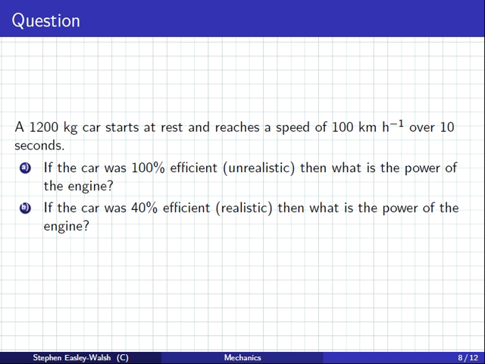And in this case, what would be the formula for work? No, that's force. A half mv squared. Do we know the m? Yeah. Do we know the v? Yeah, although we'll have to convert it. And do we know the time? So, give me the power.